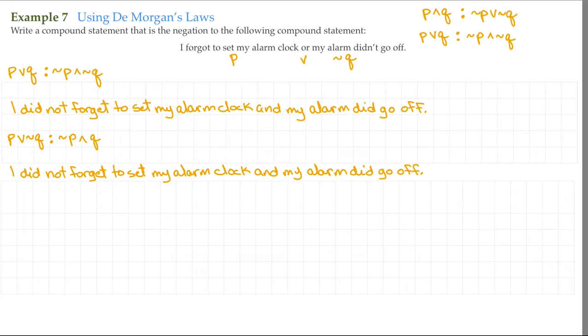So to show why this works using a truth table, I'm just going to go ahead and put in our standard statements here, P and Q. And hopefully by now you know exactly how to fill this out.